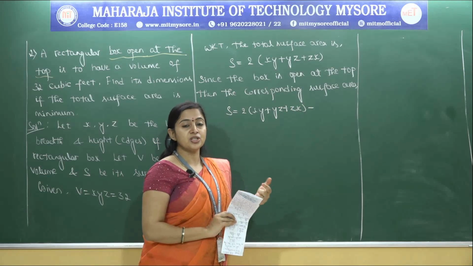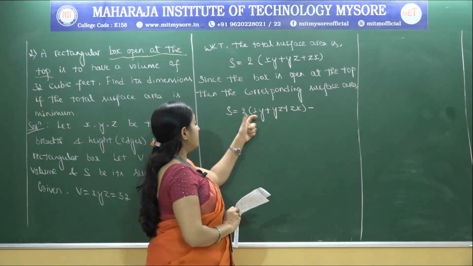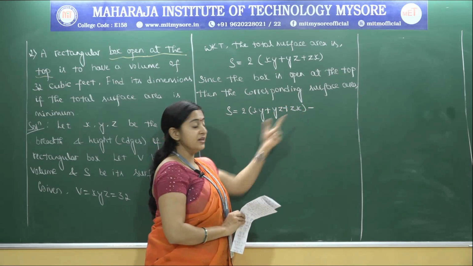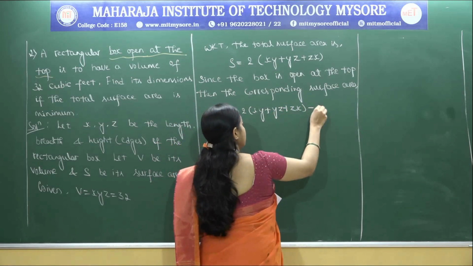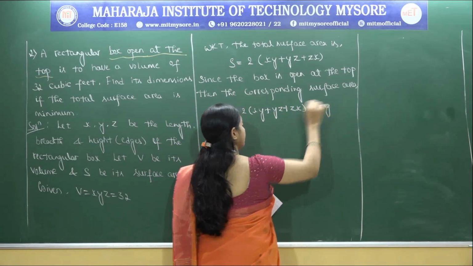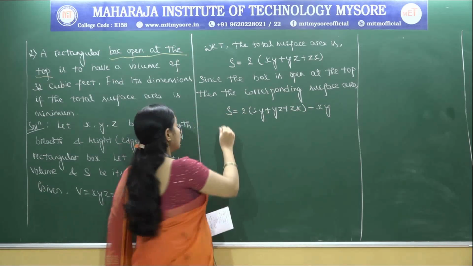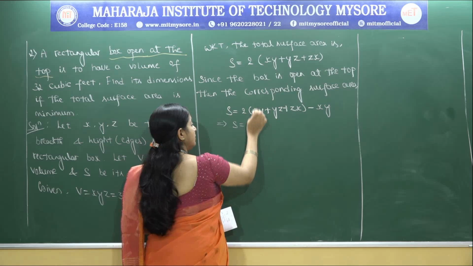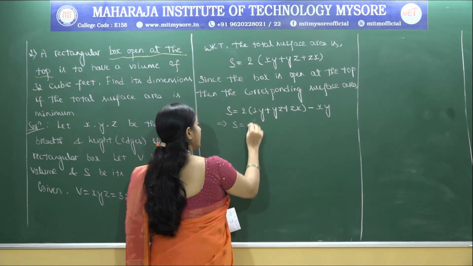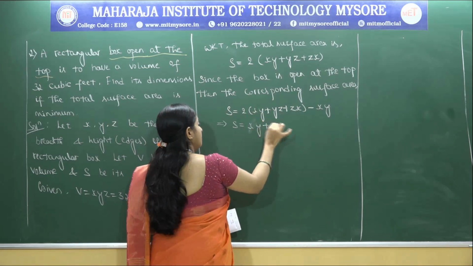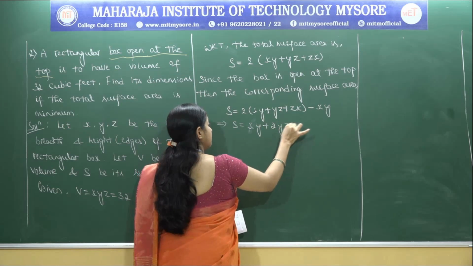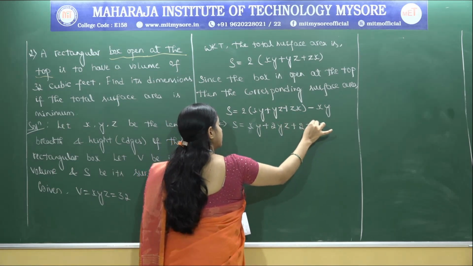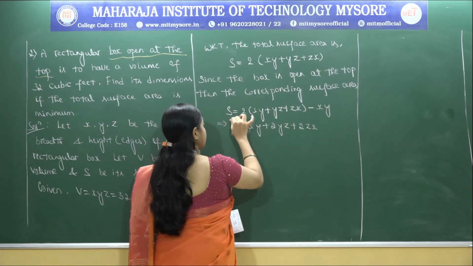You have to take the subtraction with any of the axes, either xy, yz or zx. I take the first one minus xy. So this implies the surface S equals 2xy minus xy, you will get xy plus 2yz plus 2zx. This is the surface.